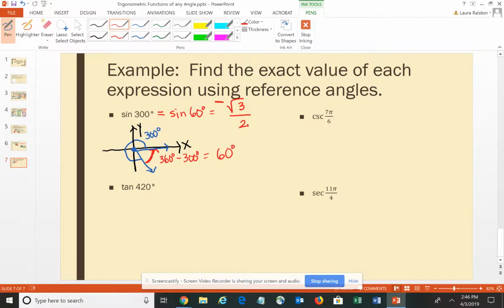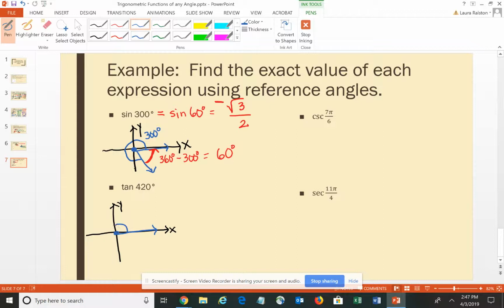So the answer here should be negative square root 3 over 2. Okay, so if we think about the next one, the tangent of 420 degrees. Again, it may help you to get a picture going of 420 degrees, with the vertex on the origin and initial side on the positive x-axis.